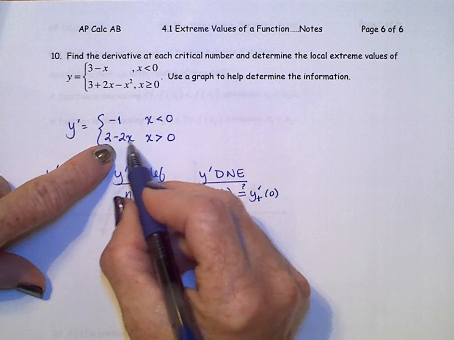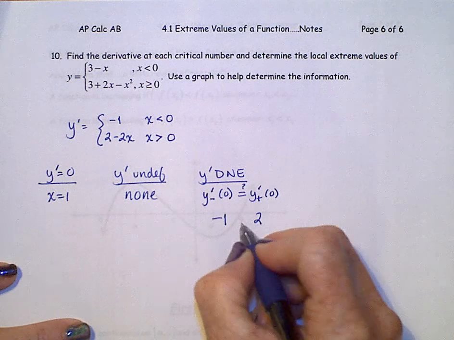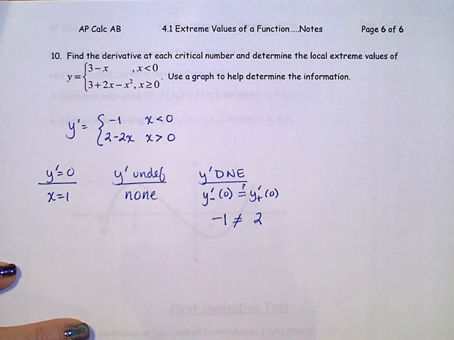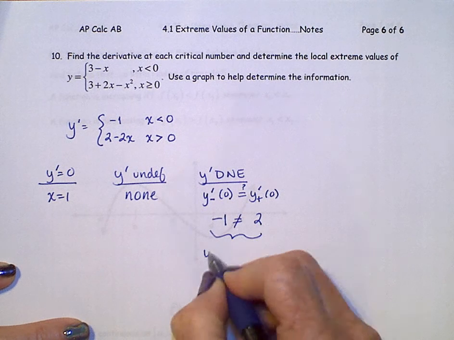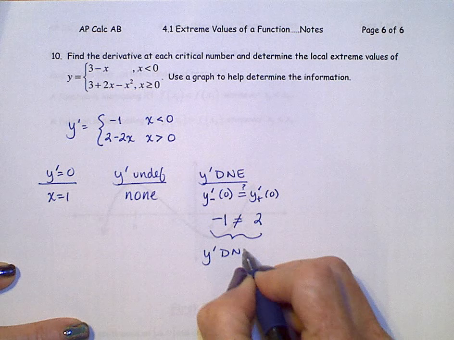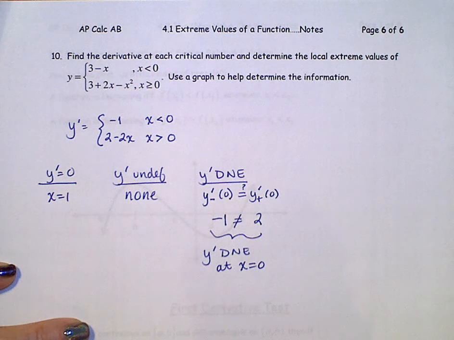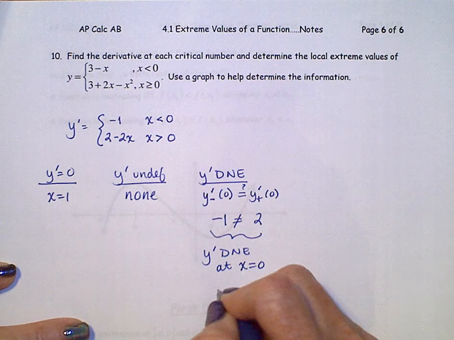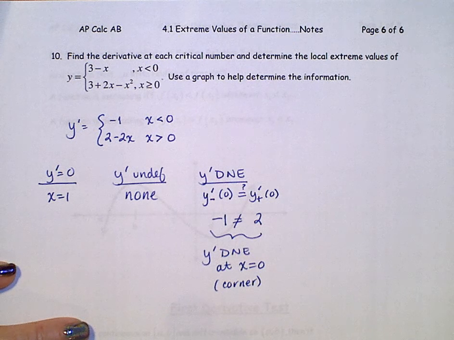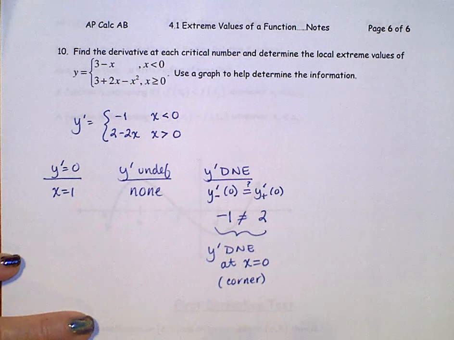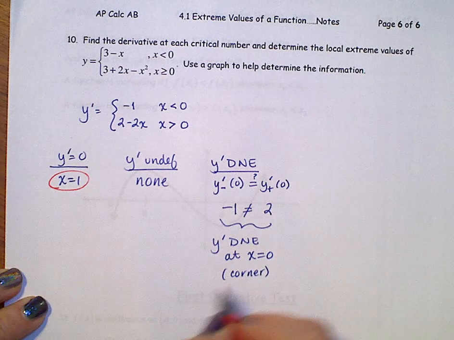We put in a 0, and that's going to be 2. These do not equal each other, which means that y prime does not exist at x equals 0. There's a corner here. All right. So our critical numbers are x equals 1 and x equals 0.